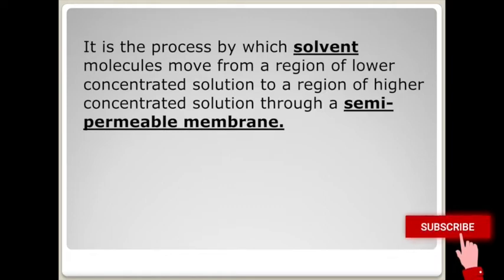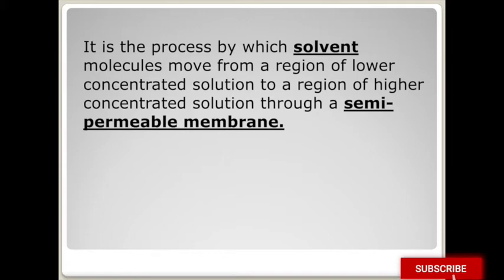We should also understand that in osmosis, the movement deals specifically with the solvent molecules and not solute molecules. And so, the side where the solvent is more becomes the lower concentrated solution. Then it directs itself to the point of a higher concentrated solution.